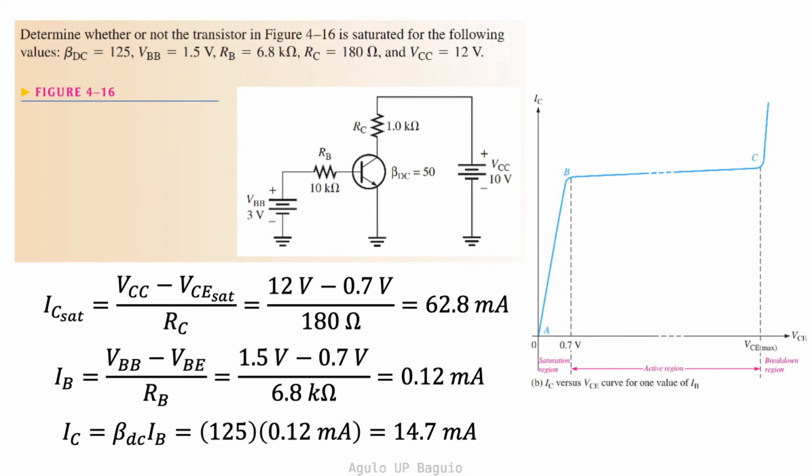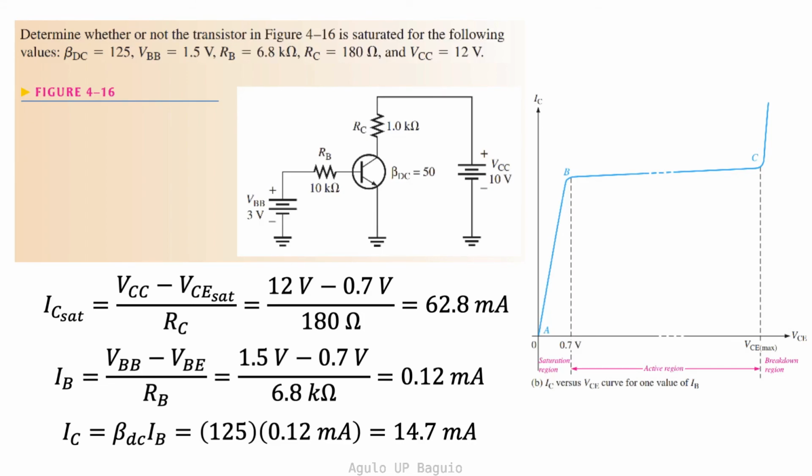We can solve for IC saturation to be equal to VCC minus VCE saturation divided by RC. Since VCE saturation is not given, we can use a saturation voltage equal to 0.7 volts. So 12 volts minus 0.7 volts divided by 180 ohms is 62.8 milliamperes.